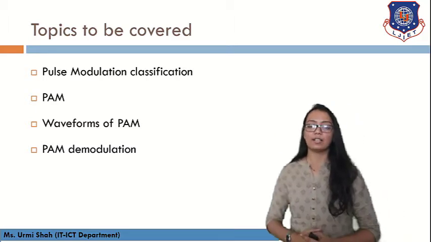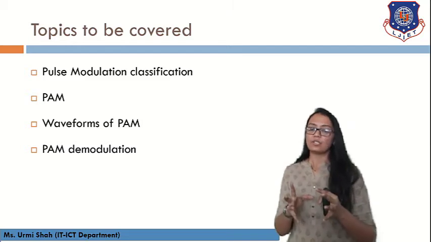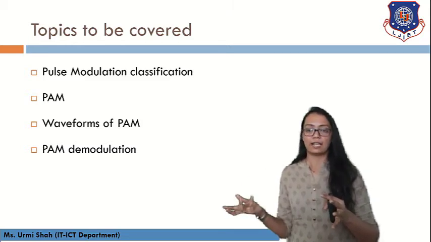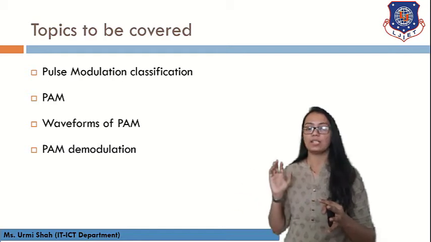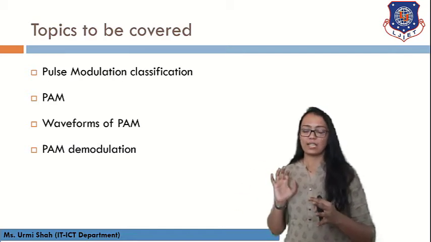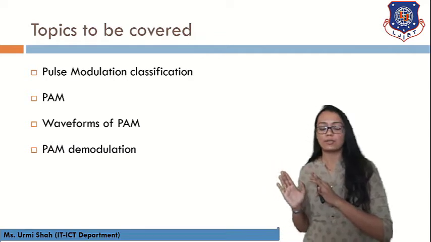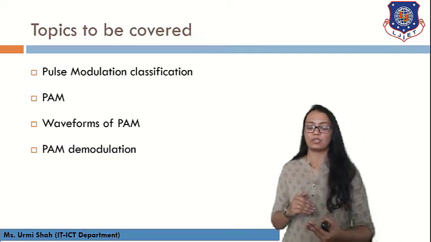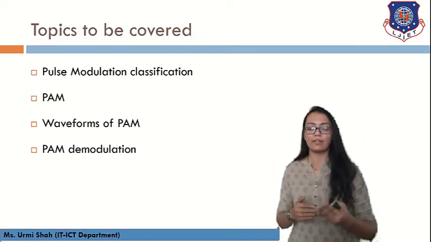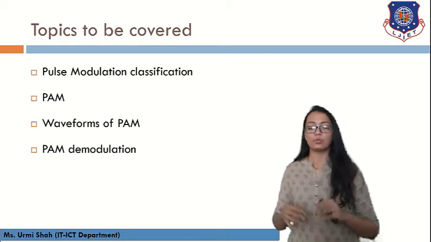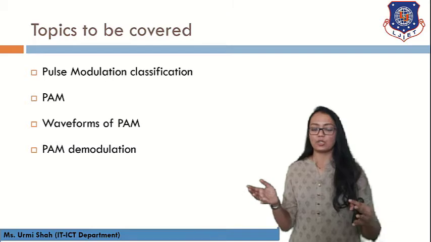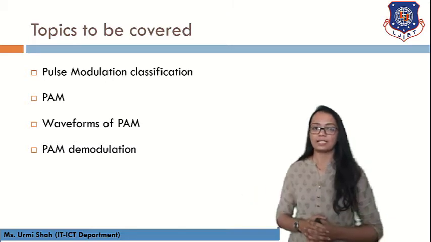Then moving further, in the same way as in our analog modulation, where we had amplitude variation, frequency variation and phase variation, in digital modulation categories also we will have different types of variation with respect to amplitude, width and position of the signal.